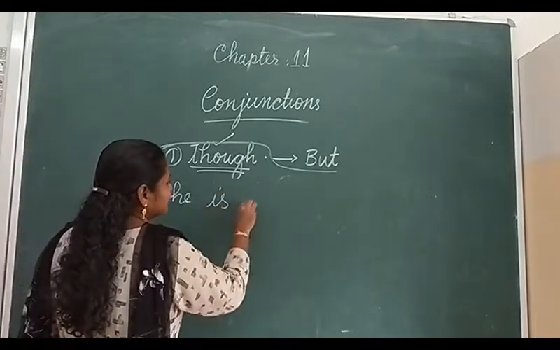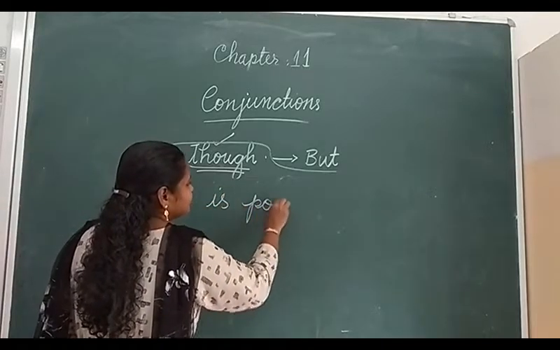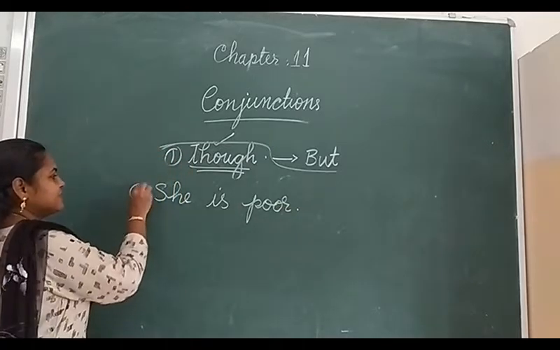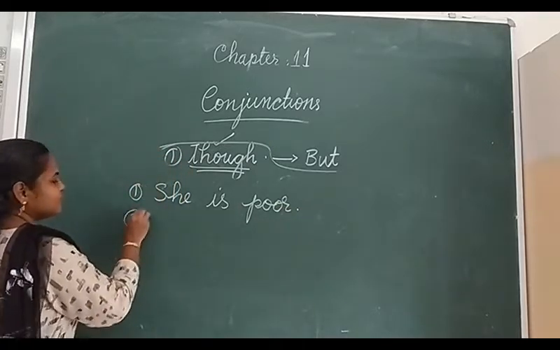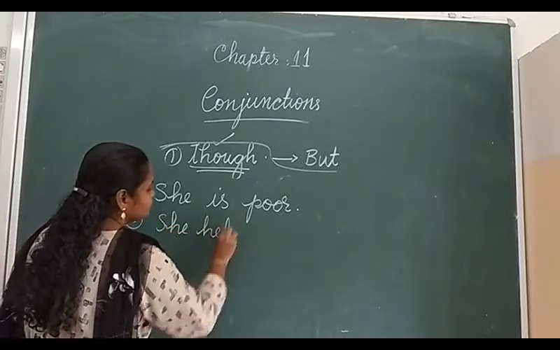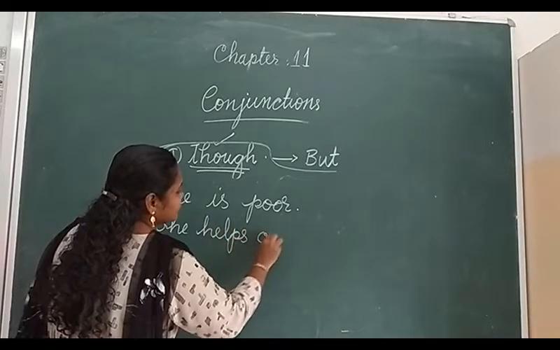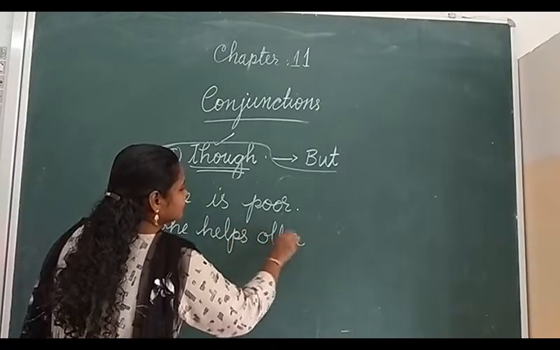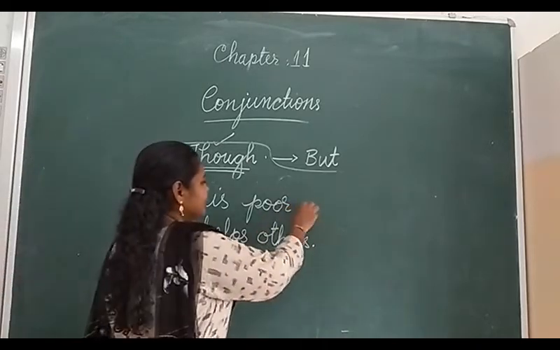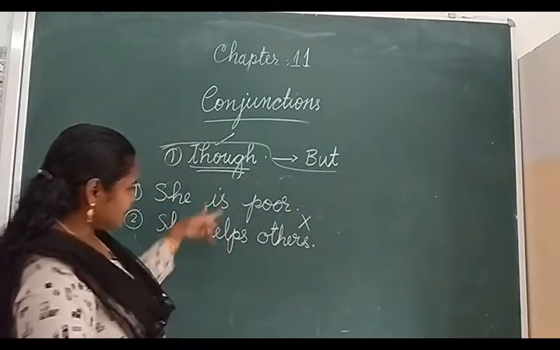She is poor. That is the first sentence. Then the second sentence is she helps others. These two are contradictory. Why?